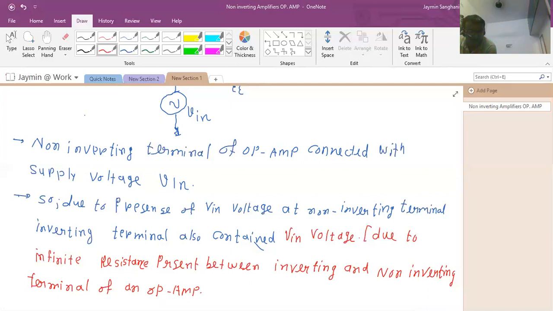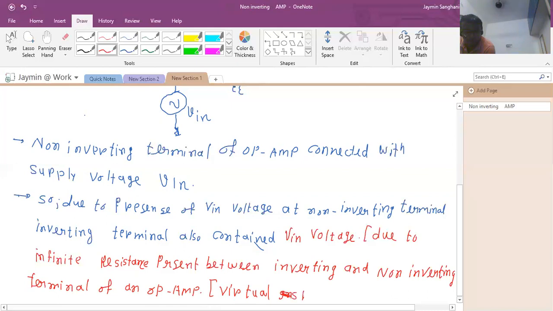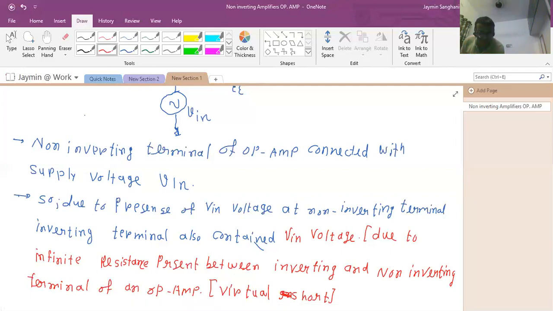So it is the concept of virtual short. Why? Because in short circuit there is no presence of voltage drop.